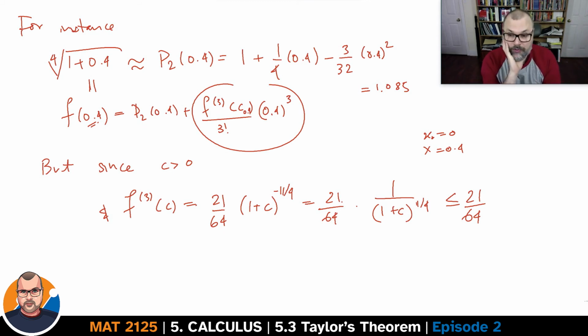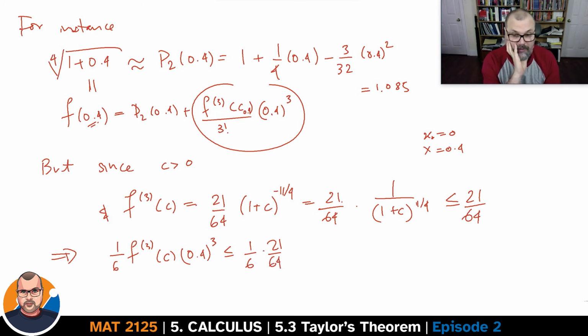So then if you use the full formula here for the remainder, this is going to be smaller than 1 over 6 times 21 over 64, which is what you found here, times 0.4 to the power 3. And if you work it out, it's approximately equal to 0.35 times 10 to the minus 2, 0.0035, roughly speaking.